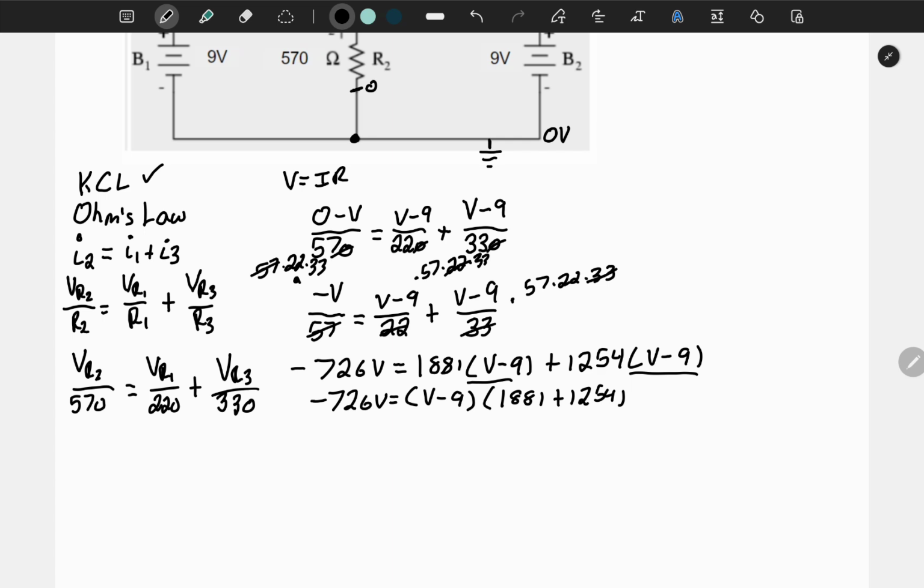And I can just plug this into my calculator. So negative 726V is equal to 3135 times V minus 9. And just one more time, plug in my calculator.